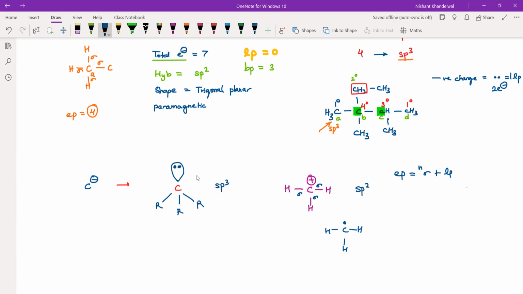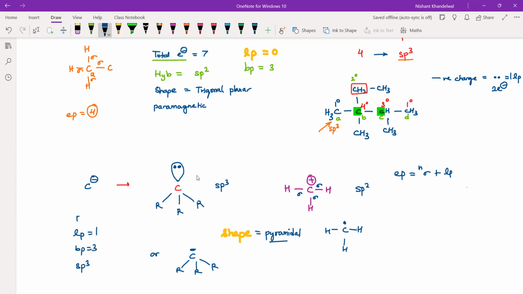Because there is one lone pair, you just include one more: 3 plus 1 is 4. Or you can draw this as C minus with R, R, R. The shape for carbanion is pyramidal, lone pair is 1, bond pair is 3, and hybridization is sp3, correct?